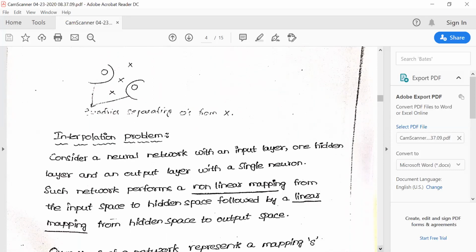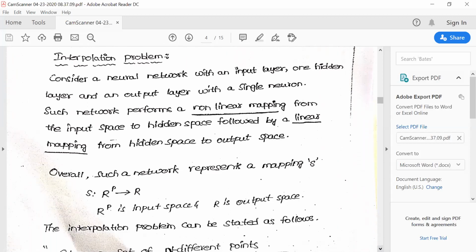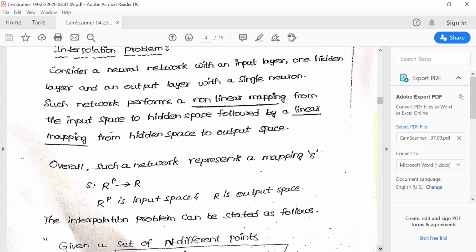Okay. And the second topic in this unit we need to understand is the interpolation problem. This is a simple problem which we already know.